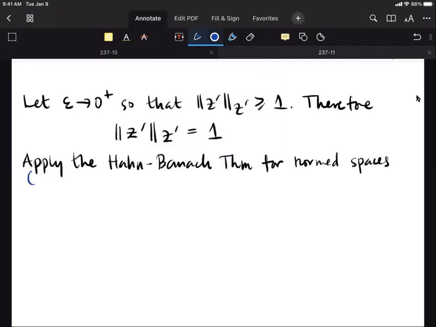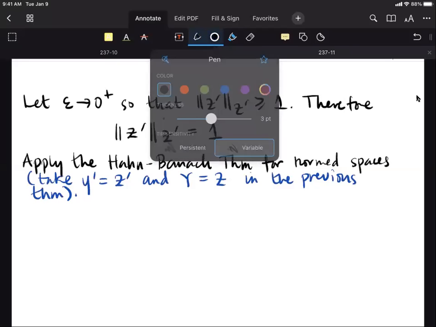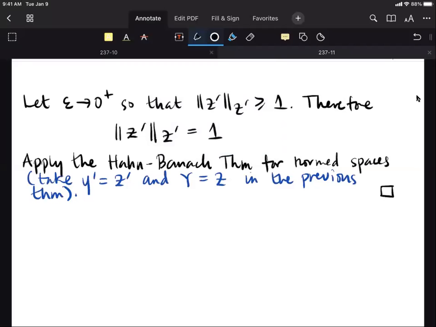You can just take here y prime to be z prime and y equal to z in the previous theorem. And that will complete the proof of the corollary.